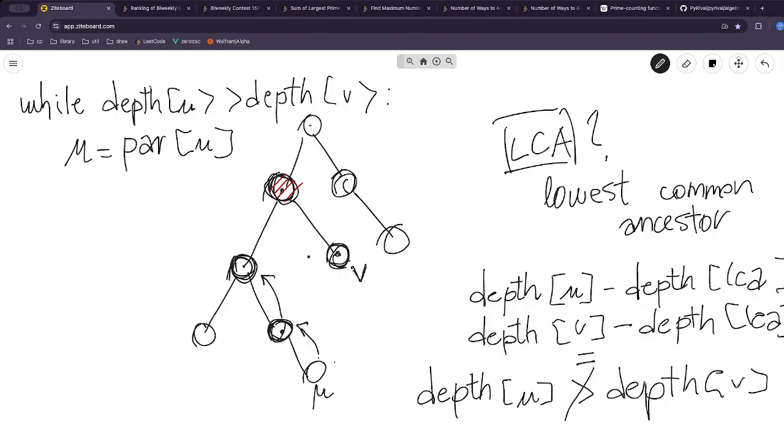So we can use that information to find that place, right?